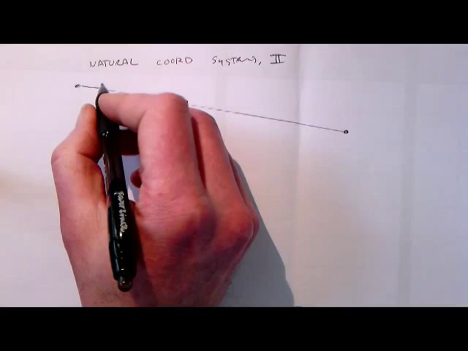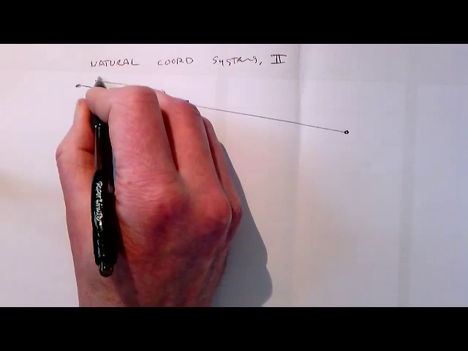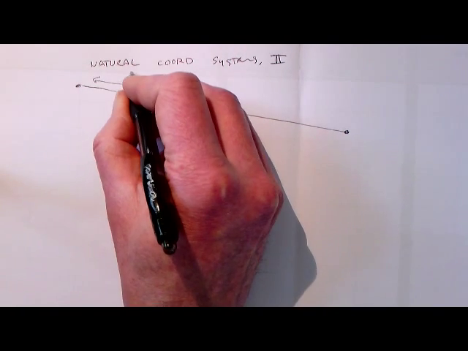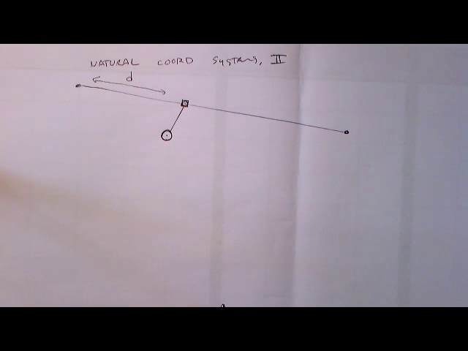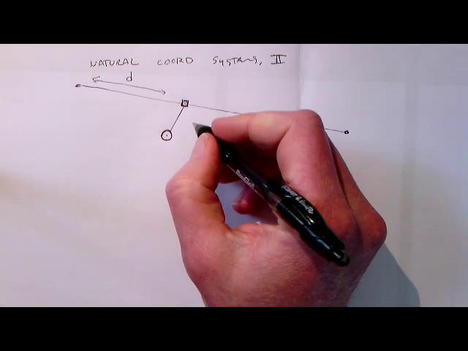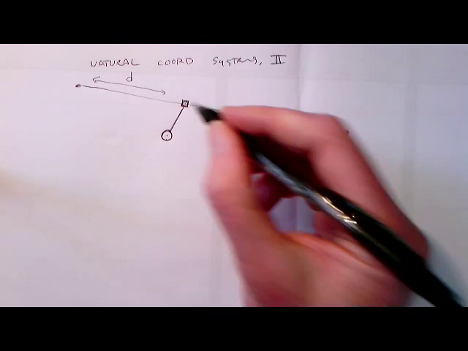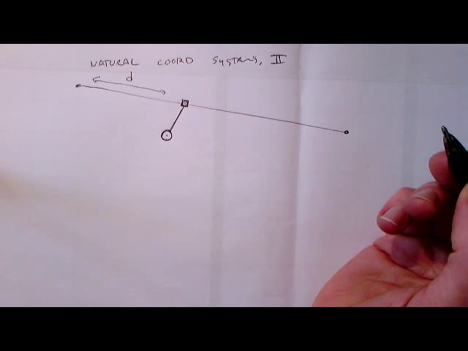Well, pretty clearly one thing you would want to know is what this distance is that the carriage is along the rail, right? Another thing that you might reasonably want to know is what the angle is that this guy is hanging at.